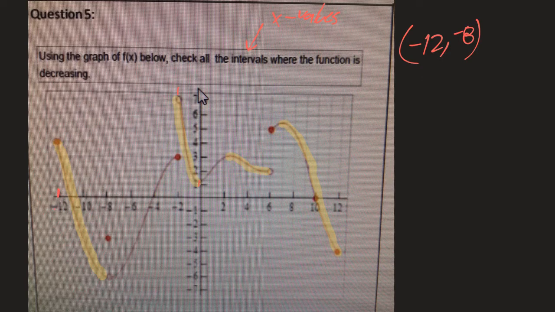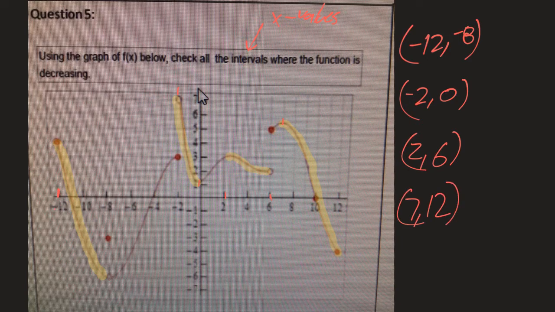It's a little bit odd, but maybe it's from -2 until 0. And then we've got our section here from 2 until maybe 6. And finally, we've got another one from, it looks like 7 until +12. So in terms of answer choices, you would have checked all four of those boxes. Those are the four sections I see that are decreasing.